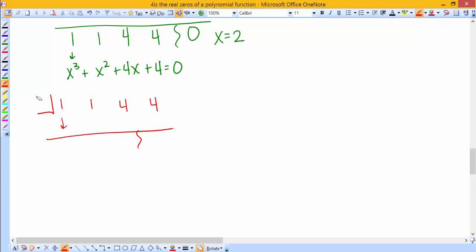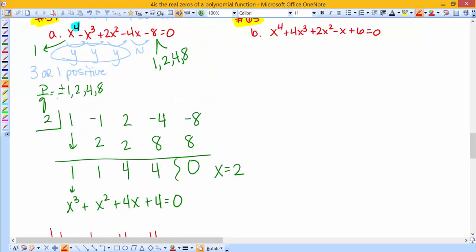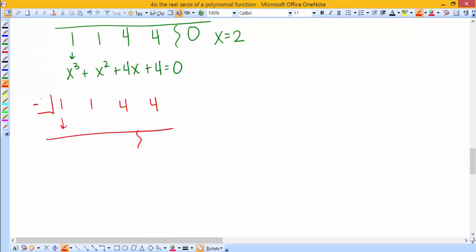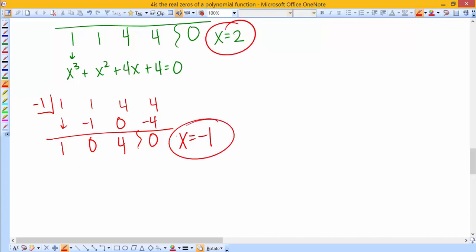So instead of positives, I'm going to go back to my solutions and I'm going to think, oh, it might be a negative then. So now I'm going to try -1. -1, 0, 0, 4, -4. So that worked. So -1 was a solution. So I found how many solutions now? I have found x equals 2 and x equals -1.